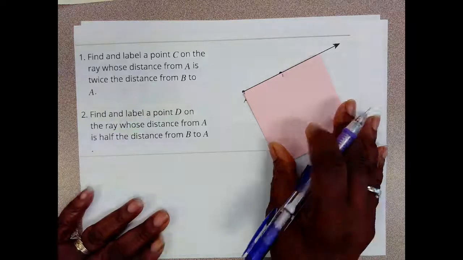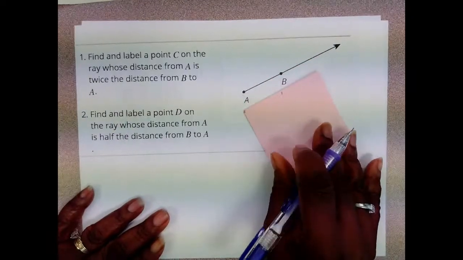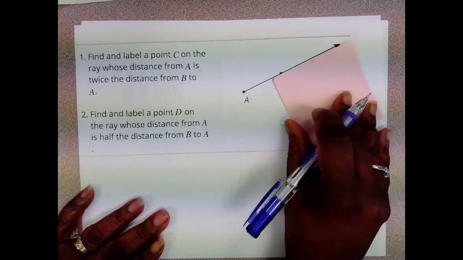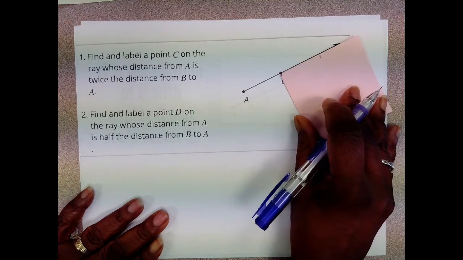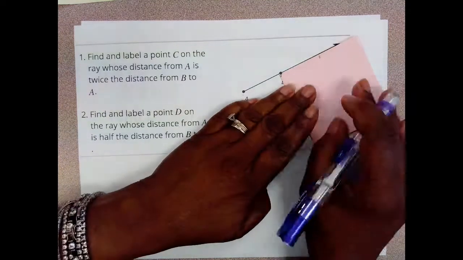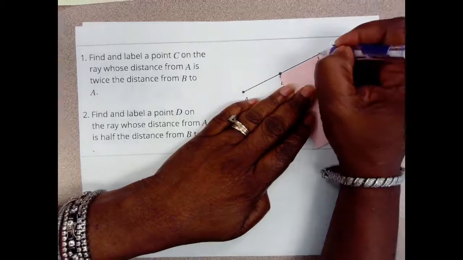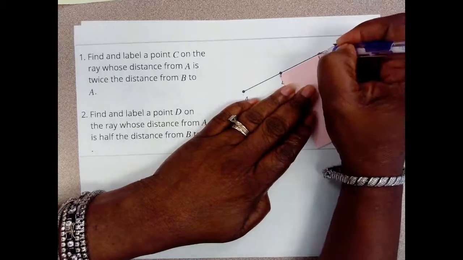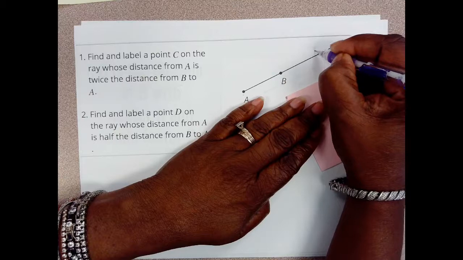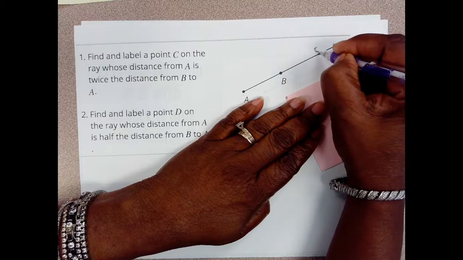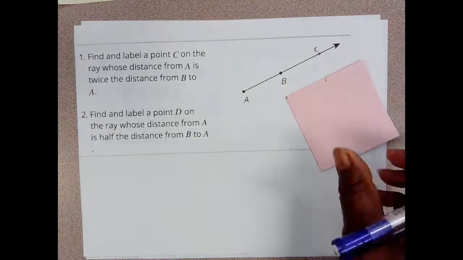Then in order to double AB, I'm going to slide it down here, and now it's double that length. So here's my marking, and I'm going to place my C on this line. I'm going to label that as C.